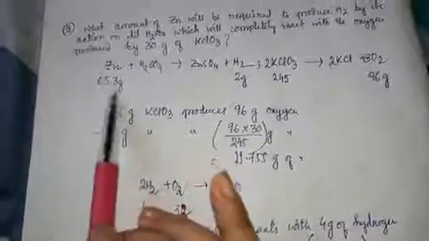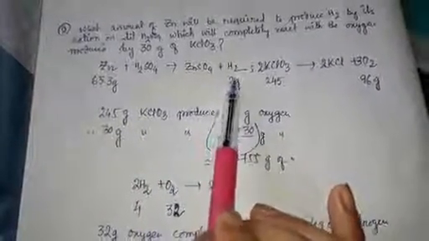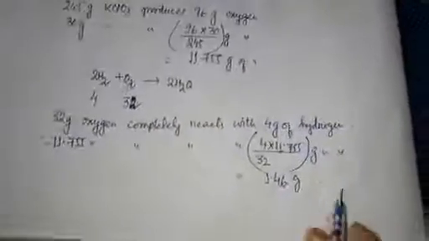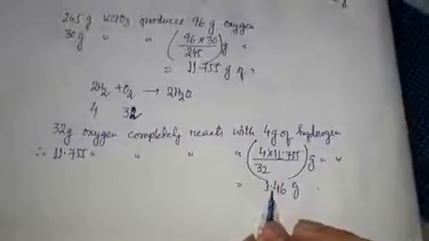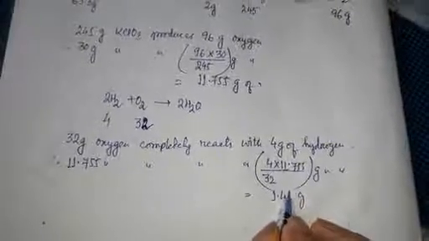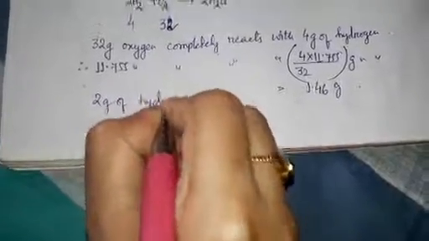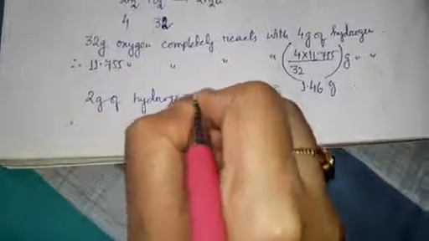Now look at this equation. Zinc, 65.3 gram, produces 2 grams of hydrogen, and here 11.755 grams of oxygen reacts completely with 1.46 grams of hydrogen. So we have to determine from what amount of zinc it is coming.